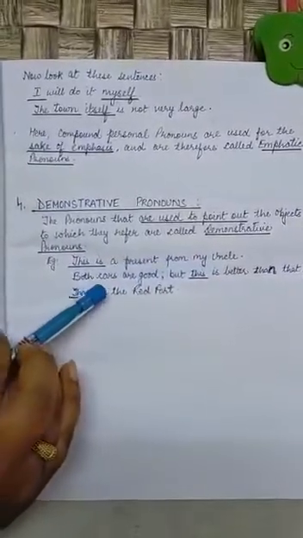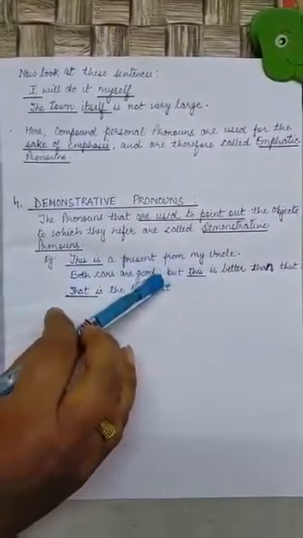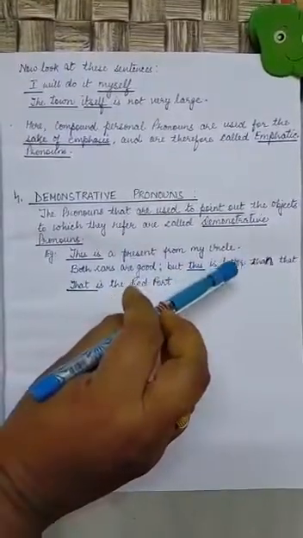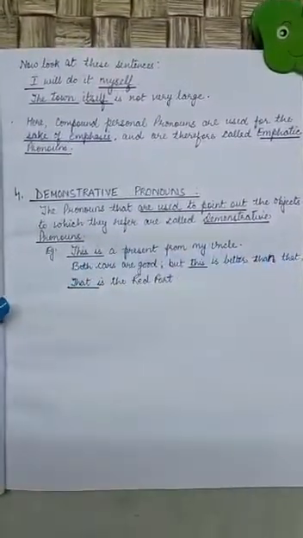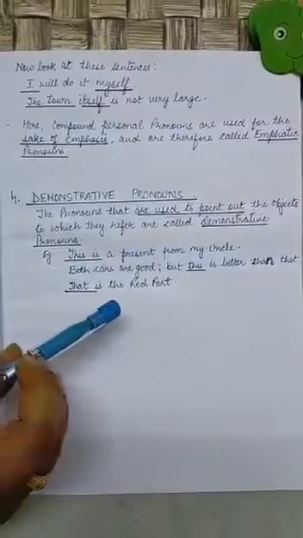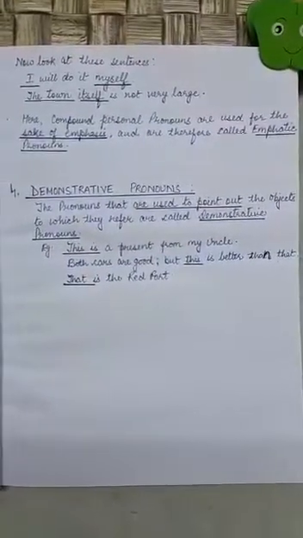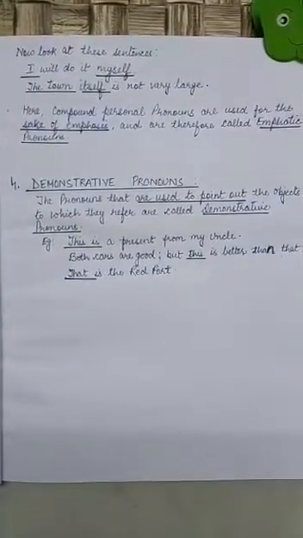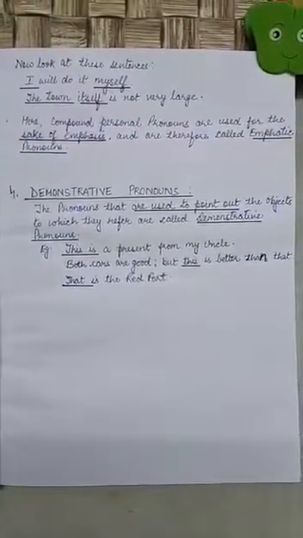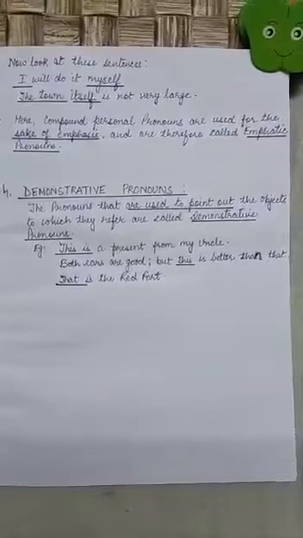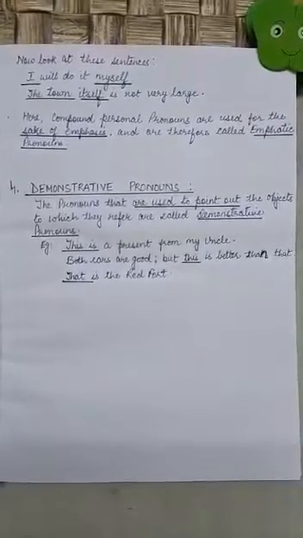Both cars are good, but this is better than that. That is the Red Fort. So because they are pointing out a particular thing or building, that is why they are called demonstrative pronouns.